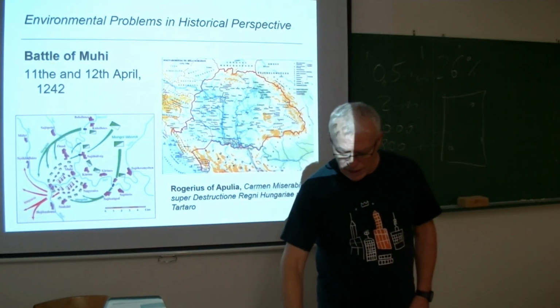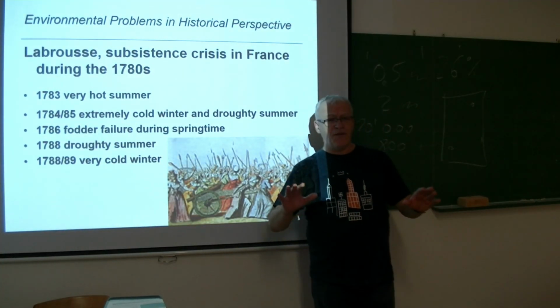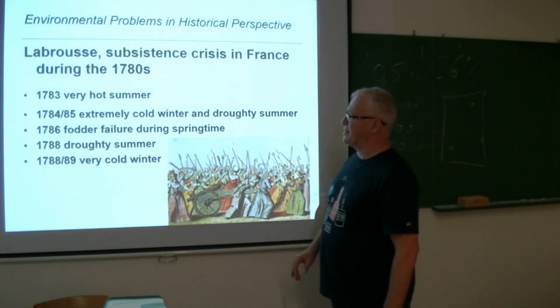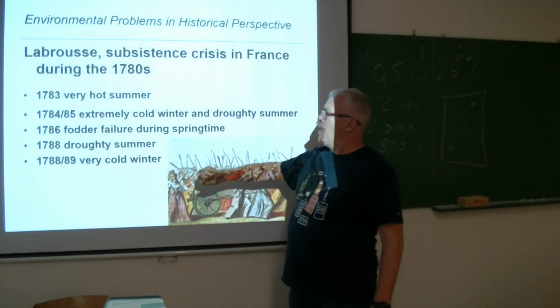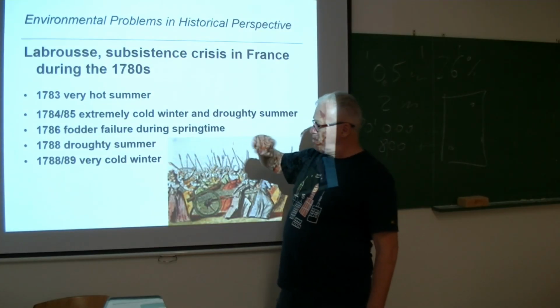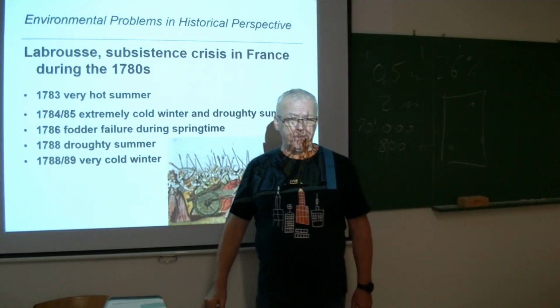of the Transdanubian area. Okay, look at the second one, the story of the French Revolution. Calculate, if we are looking at the story, the French Revolution started in 1789.